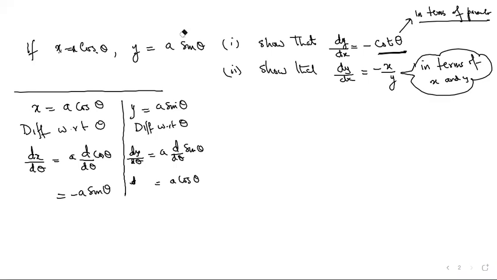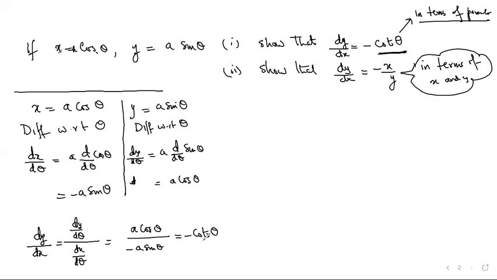Then dy by dx, this is the important thing, is dy by d theta divided by dx by d theta. Differentiate y with respect to theta, differentiate x with respect to theta and divide. So your answer will come a cos theta upon minus a sin theta, and you get minus cot theta. So the answer remained in theta only.